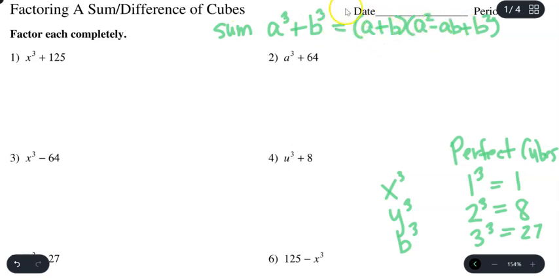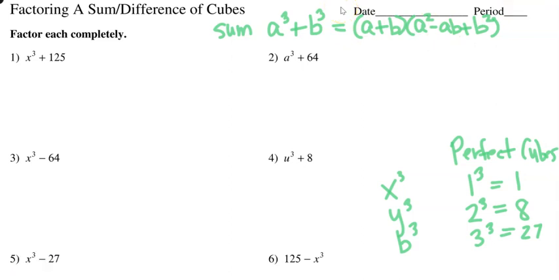You're just going to be using this pattern to factor this out. I'm not going to go into the specifics of this and prove the factoring identity, the factoring structure. I'm just going to show it to you and show you how to apply it. That's all I'm doing in this video. I'm keeping it simple. So if you can see the pattern there, let's look at a sum of cubes.